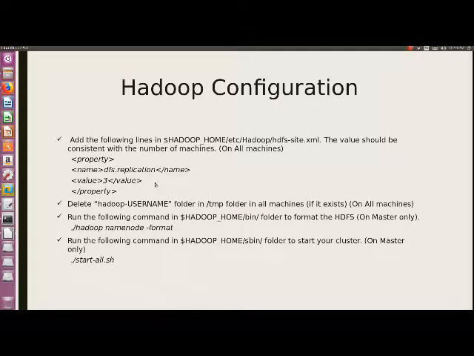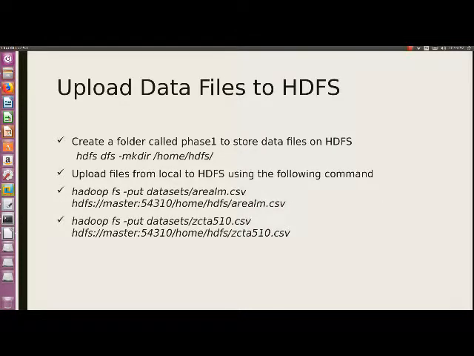Similarly, these configurations are done on the slave 2 node as well, but as there is no name node on the slave nodes, there is no need for pushing the dataset files on the slave nodes.